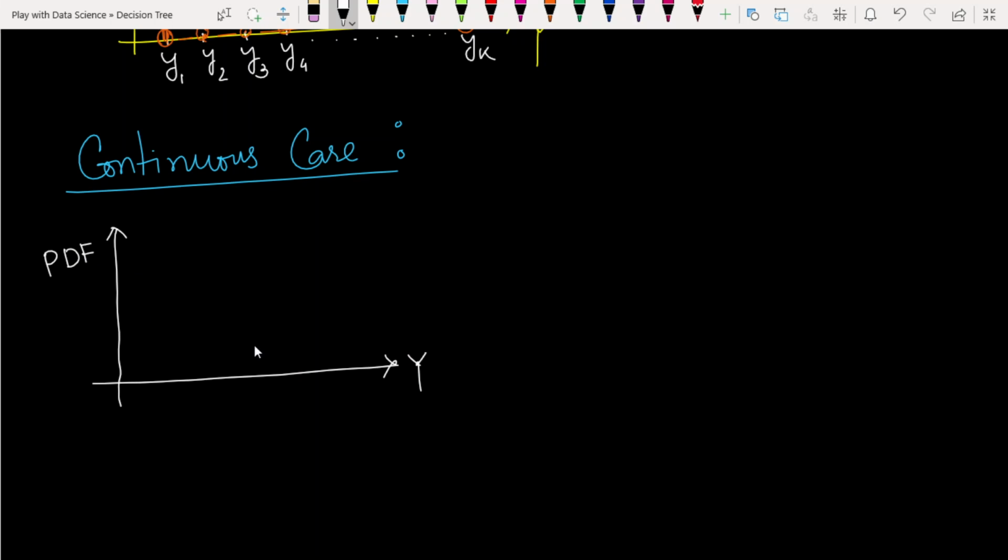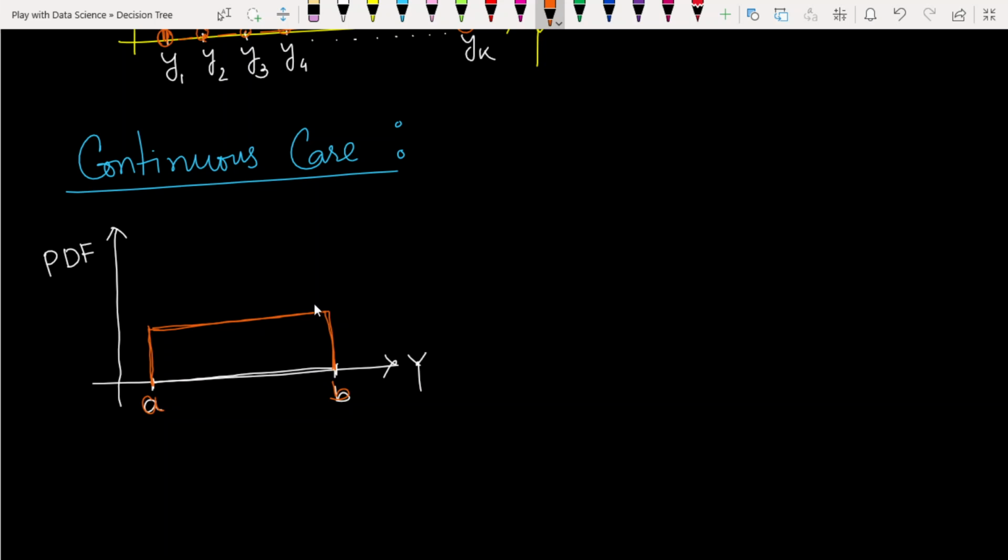Let's take our random variable y lying between a and b. If all the points between a and b are equally probable, then the probability density function's picture will look like this.